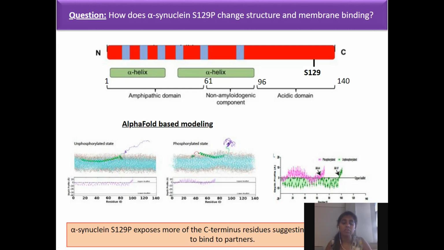So alpha-synuclein 129 phosphorylation exposes more of the C-terminal residues, suggesting that it is more available to bind to its interaction partners.